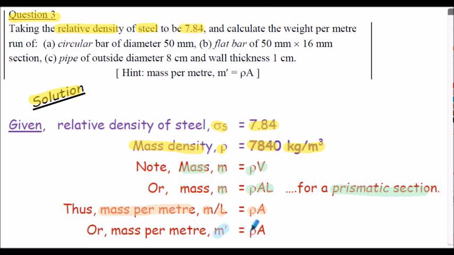So m dash is equal to the density of the material multiplied by cross-sectional area, and that will give me the mass per meter. Within material suppliers information, you often see data stated as mass per meter for ease of reference. And once we've got the mass per meter, we can then calculate the weight per meter simply by multiplying by 9.81 meters per second squared.